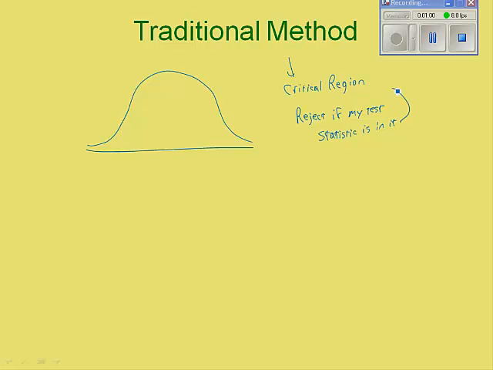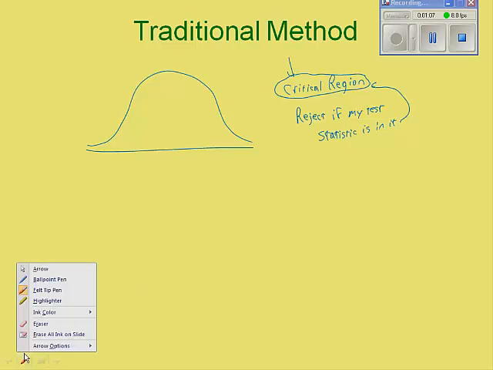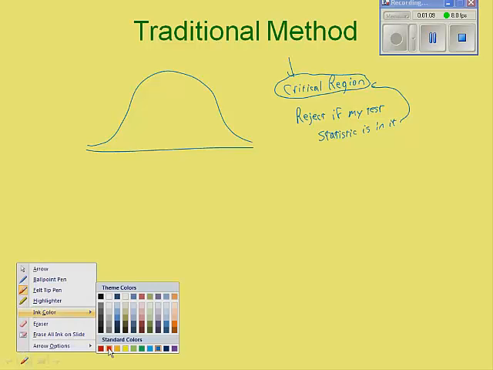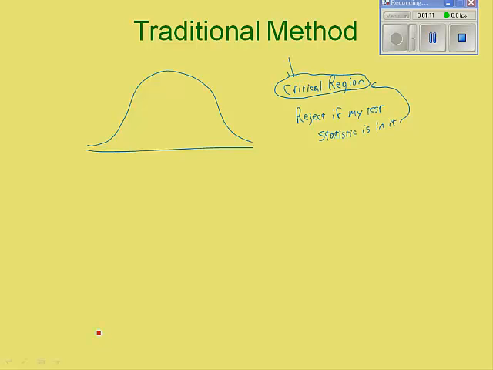Is in what? The critical region. So what was the critical region? Is this a one-tailed or a two-tailed example we just did? Two-tailed? All right. So then the critical region looks like this. There are two tails.